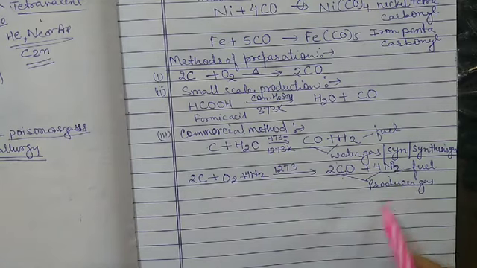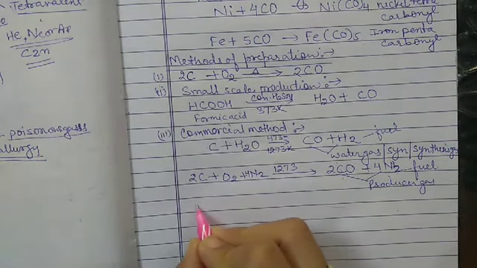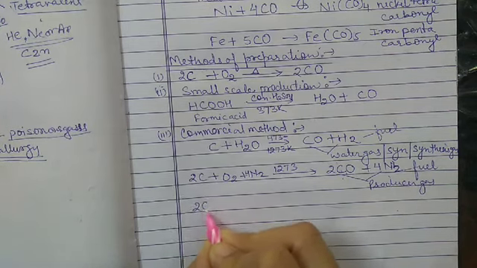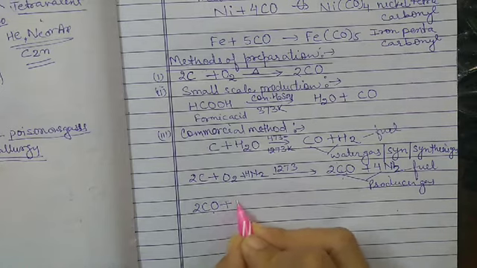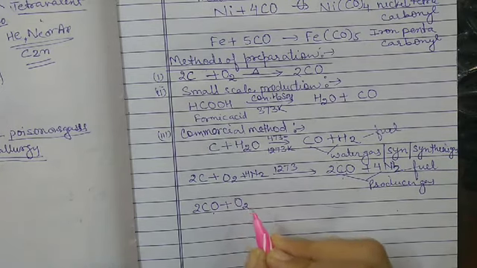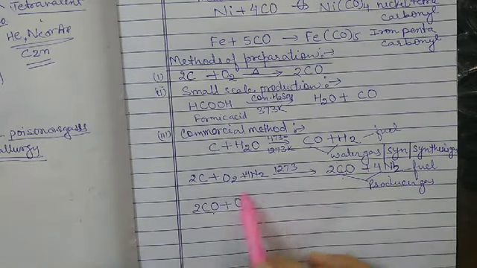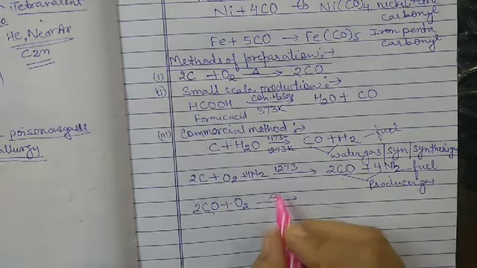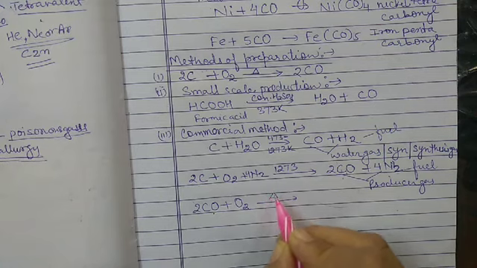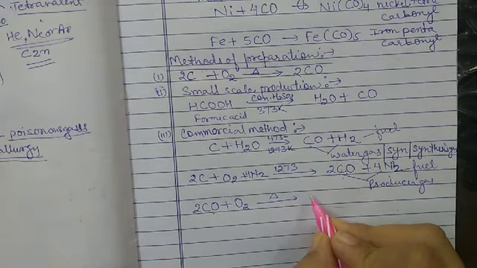So now let's look at the reaction. This one is the carbon monoxide when it is heated with the oxygen. Now this symbol is the sign for the heating or the burning. So we get 2CO2.